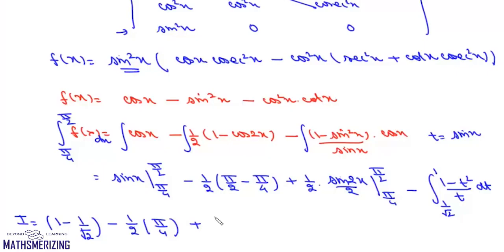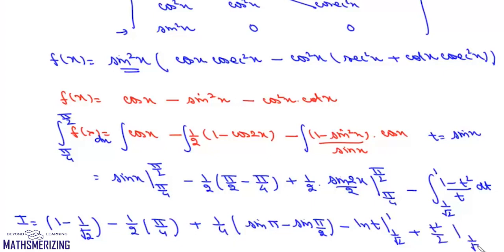Here this value will be 1 by 4, and then sin pi minus sin pi by 2, and here will be minus log t from 1 by root 2 to 1, and then plus the integral of t, which will be t square by 2 from 1 by root 2 to 1.